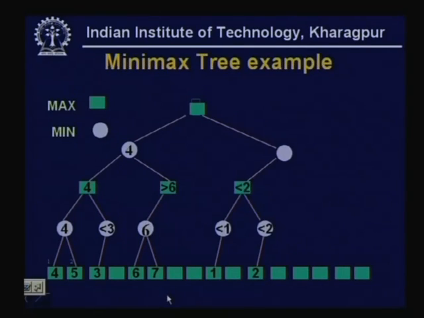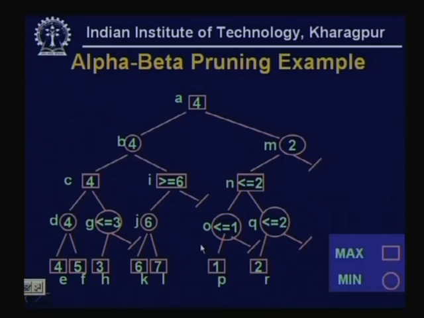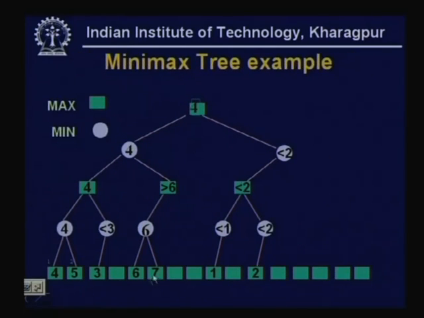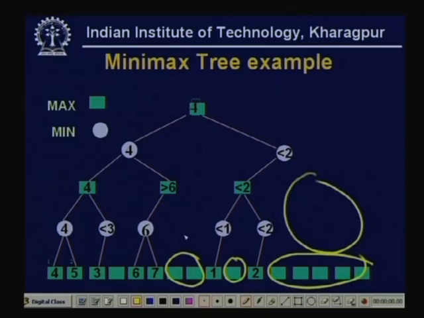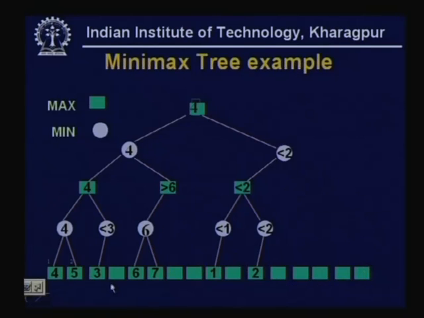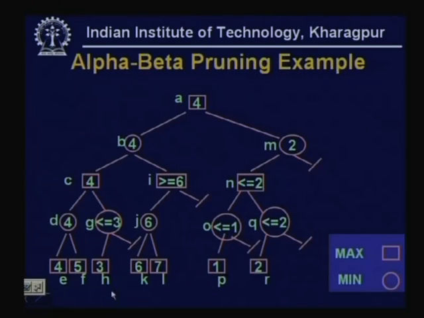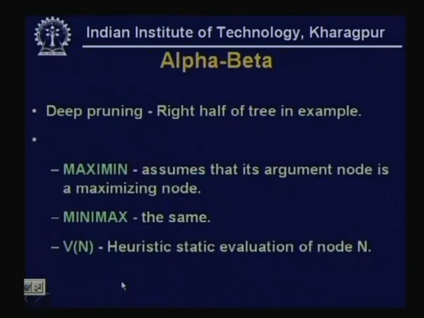And as we can see, these nodes were cut off by alpha beta pruning, they were not evaluated, and also this portion of the tree need not be evaluated when we use alpha beta pruning. And this shows the same diagram. So here we have some deep pruning at the right half of the tree.